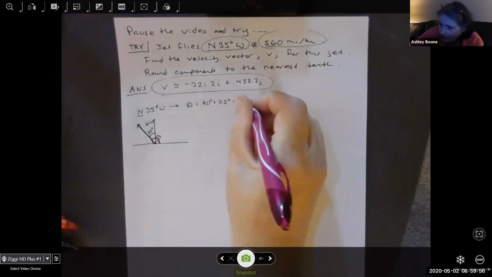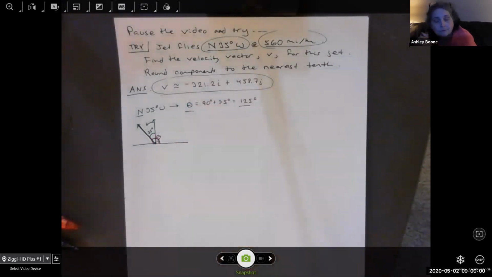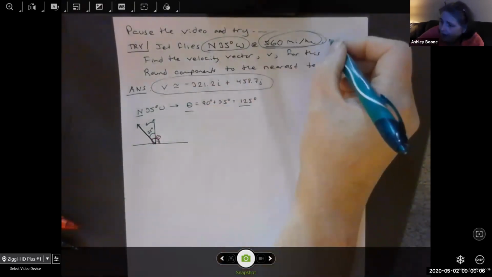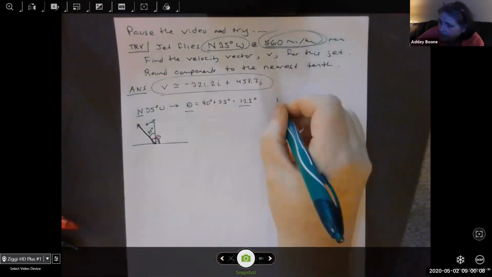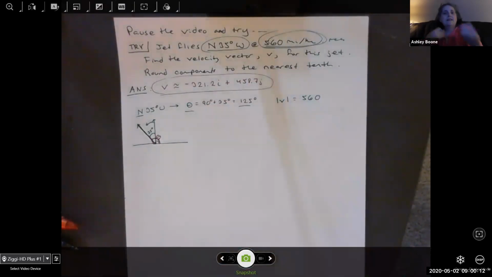That's 125 degrees. That's our direction angle theta. Remember that speed is the magnitude. So the magnitude of this vector is 560. Basically, it's giving you the length of the vector. In an hour, it's going to cover 560 miles. That's the length of the vector.